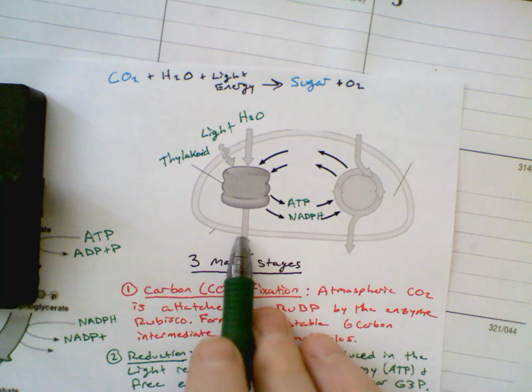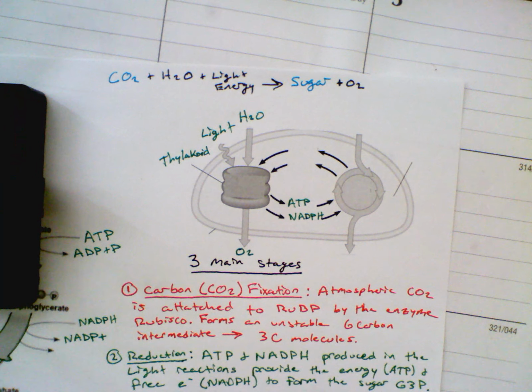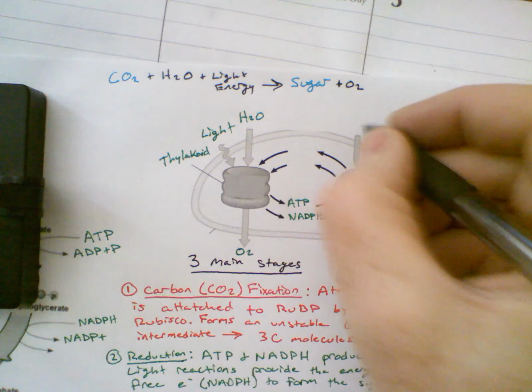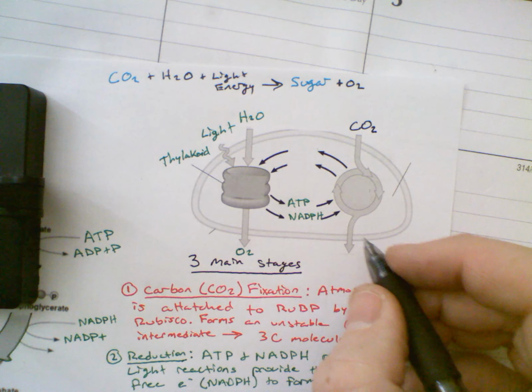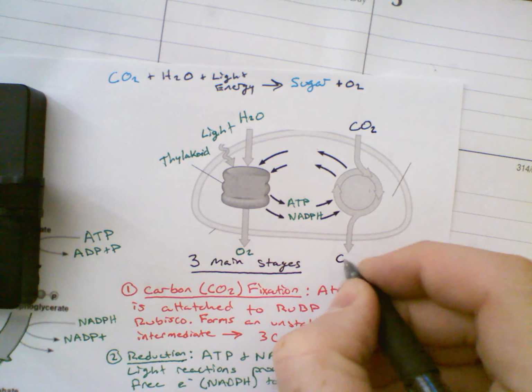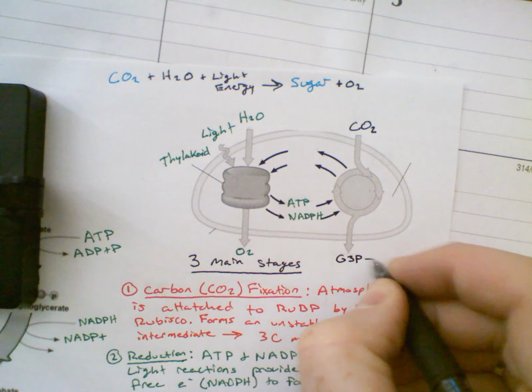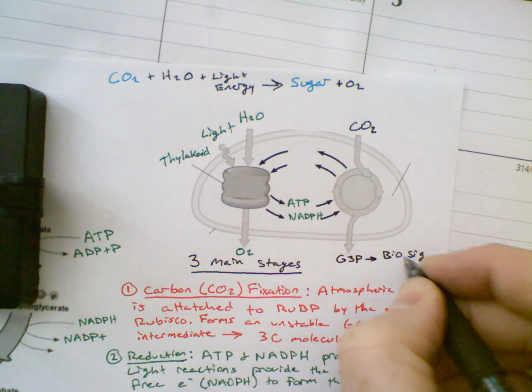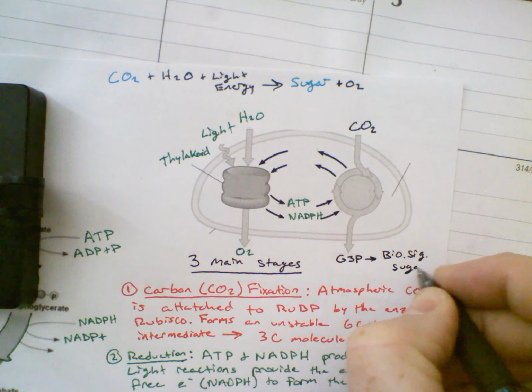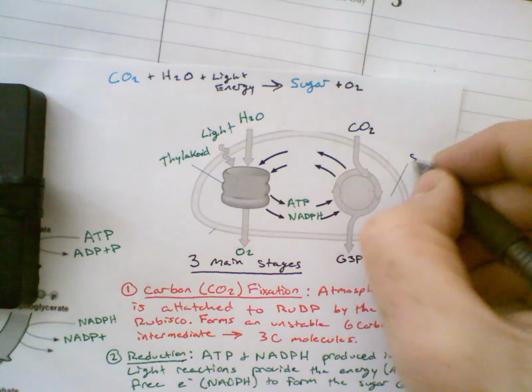And then that was used to power the Calvin cycle, where we saw CO2 coming in. We were generating G3P, which then went to biologically significant sugars. This happens in the stroma.